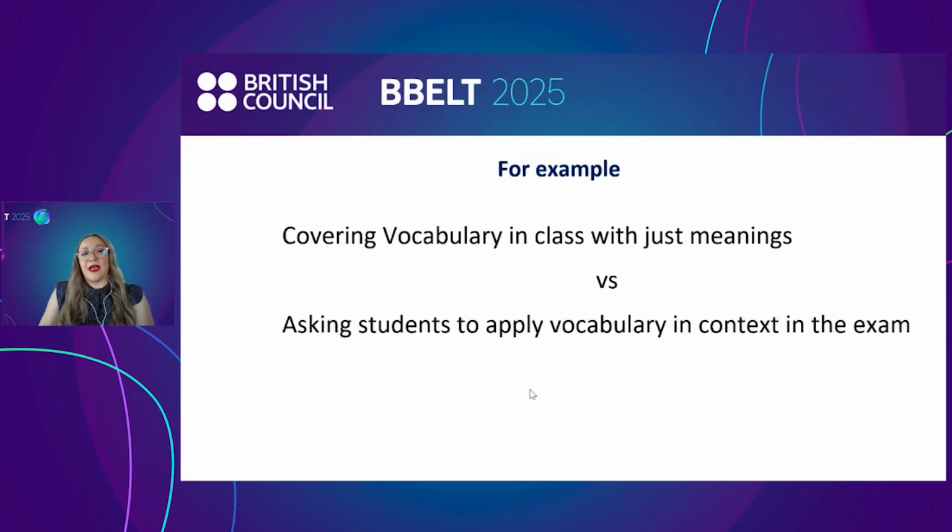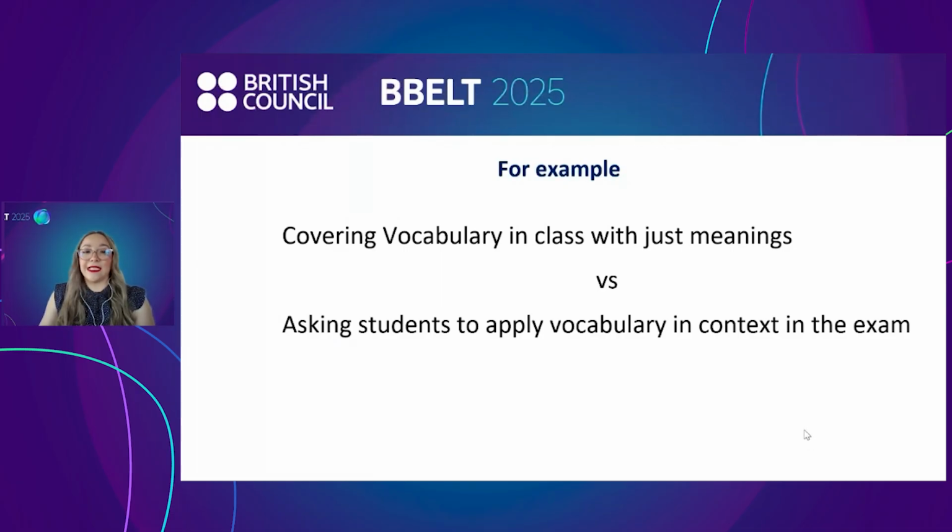For example, when we teach vocabulary in class, we teach them all of the words and we cover their meaning, right? And then when we have a vocabulary exam, we ask students to apply that vocabulary in context. And then some problems arise. Why? Because our students don't know how to do that, because in class we just saw meaning, right?